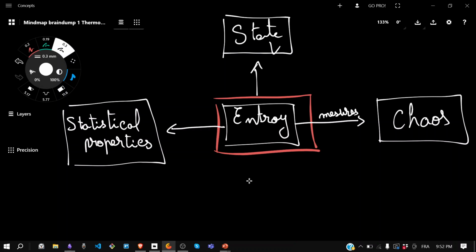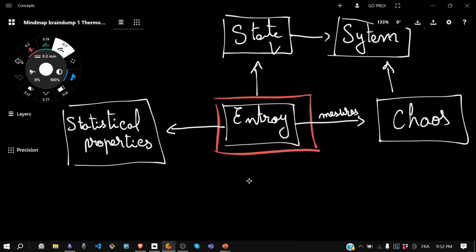It's important to state that when we look at entropy, we have to look at it as a state variable of a system. This is important before I move on to anything. And it measures the chaos of the system, and it also looks at the statistical properties of the system.